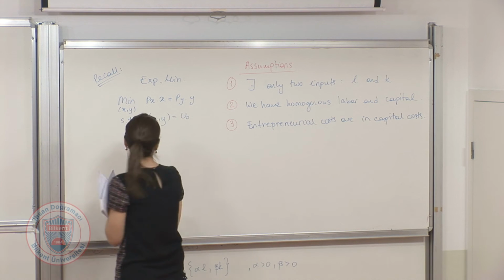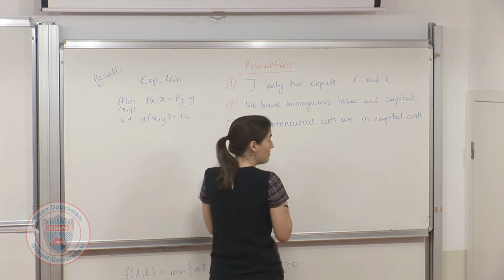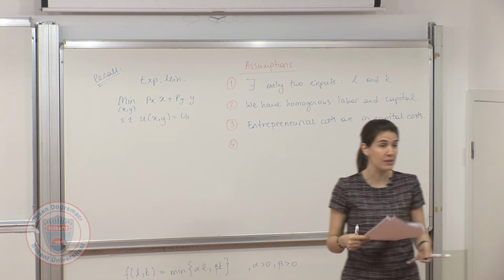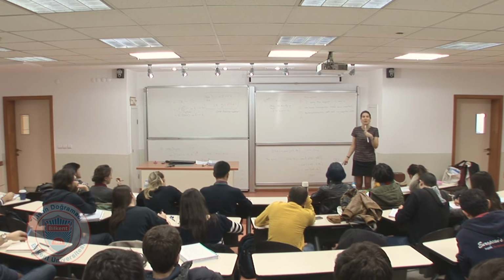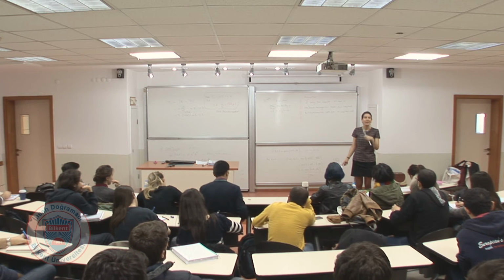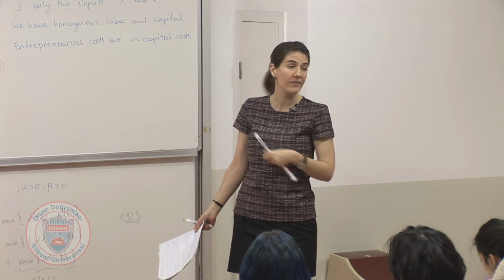There's also another assumption. We assume that input markets, what we call factor markets, are perfectly competitive. What does that mean? It means that if you want to hire some labor or some capital, you can hire as many as you want at a given wage and a given rental rate.